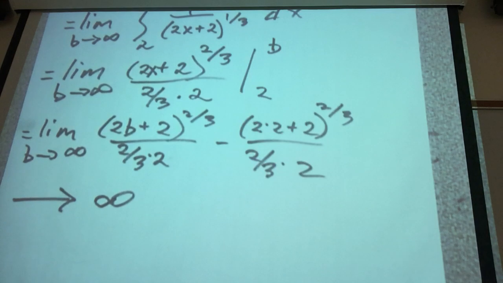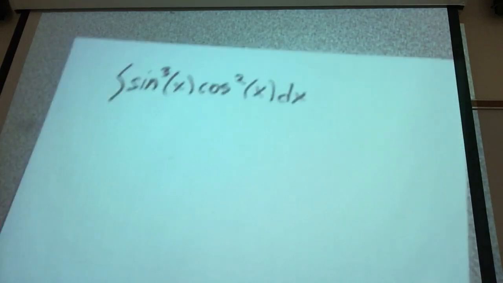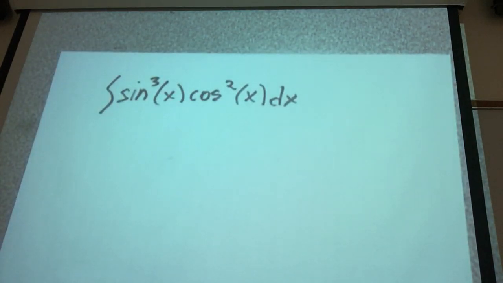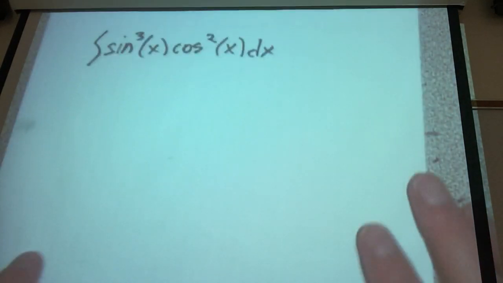And the last problem on the test is going to be the integral of sine cubed x cosine squared x.